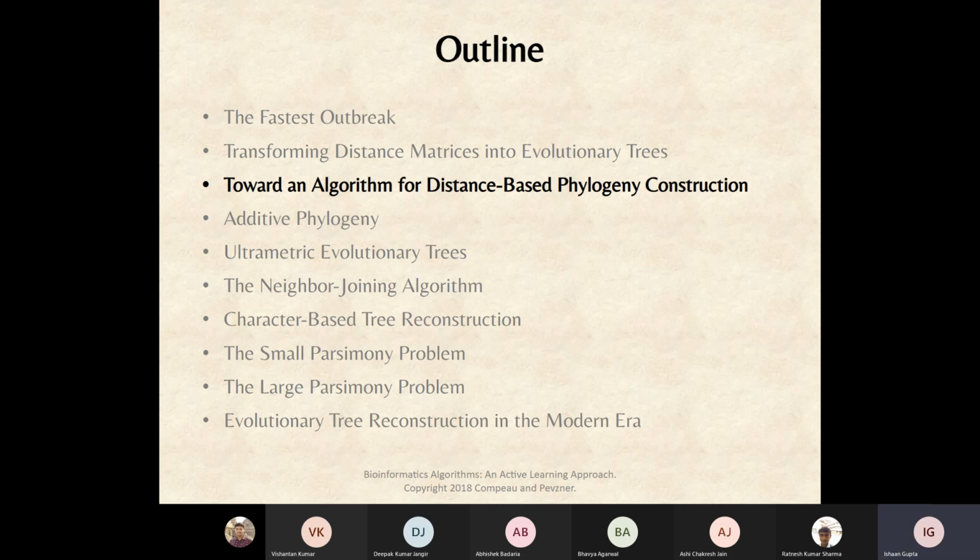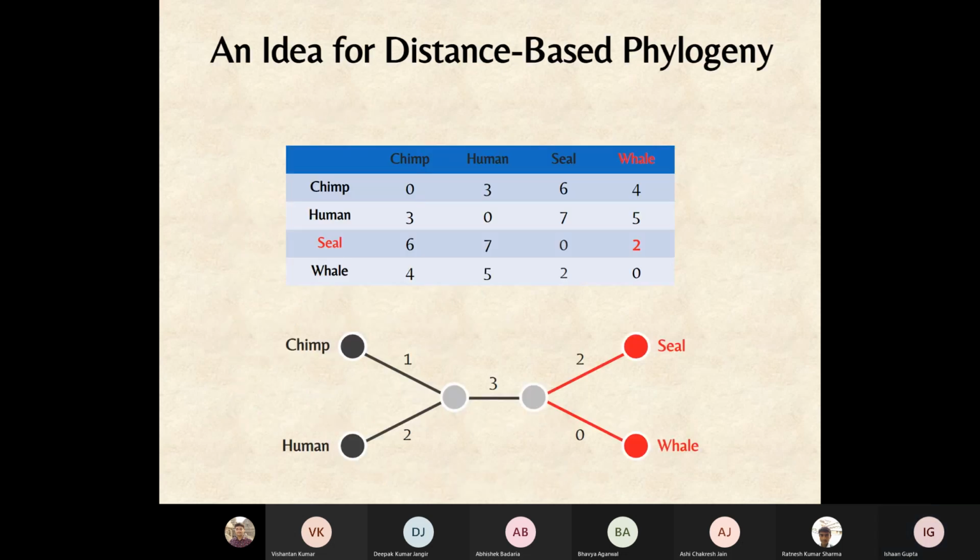Now let's try to go for an algorithm of converting these distance-based matrices into phylogenies. One idea that Bhavya suggested: let's go with those two nodes which have the least distance. For example, here you have seal and whale at the lowest distance.